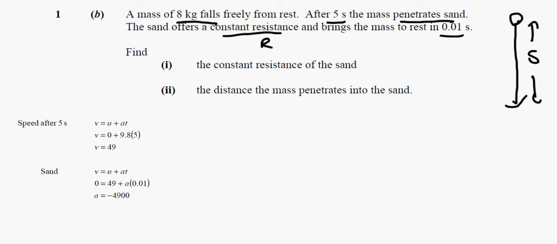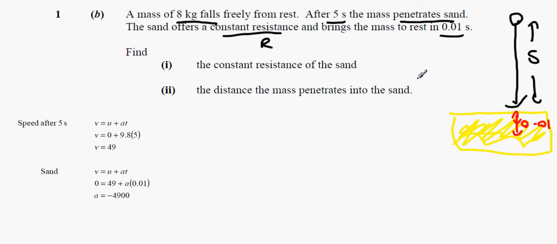Once it hits the sand, which we'll put in yellow here, it travels a further 0.01 seconds, which is quite a small amount of time. And what we have to find is the constant resistance of the sand and the distance the mass penetrates into the sand.